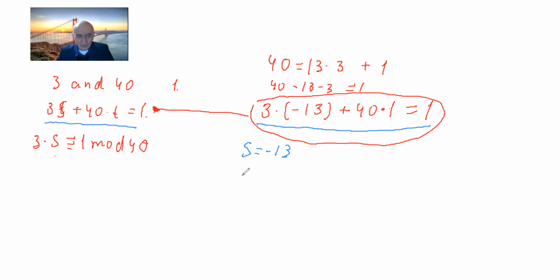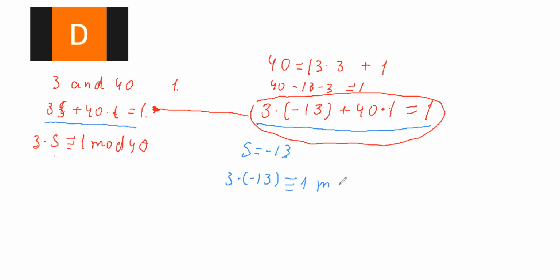So I can write down that I found s such that 3 times minus 13 is congruent to 1.